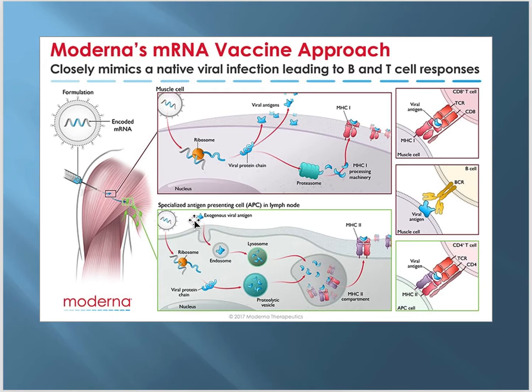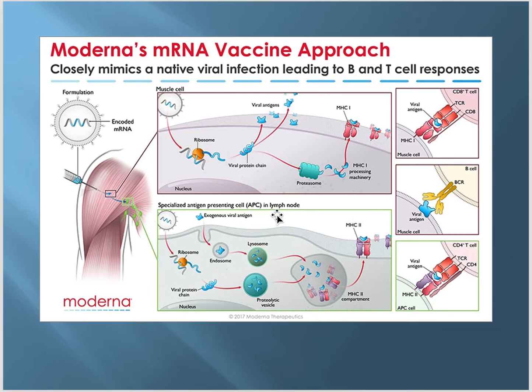So what is the source of this exogenous viral antigen? Actually, the muscle cells. In muscle cells, some of the viral antigens will be presented on the cell surface, and also some viral antigens will be excreted from the muscle cells into the bloodstream. Those are the exogenous viral antigens.